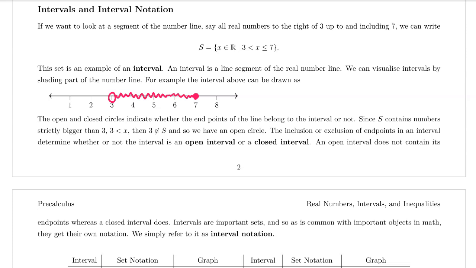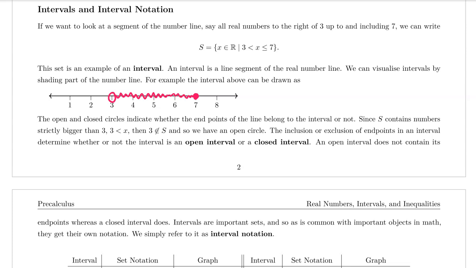So this is how we would visually draw the set we are describing here on the number line. The open and closed circles indicate whether the endpoints of the line belong to the interval or not. Since S contains numbers strictly bigger than 3, 3 is less than x, then 3 is not an element of the set S, and so we have an open circle.